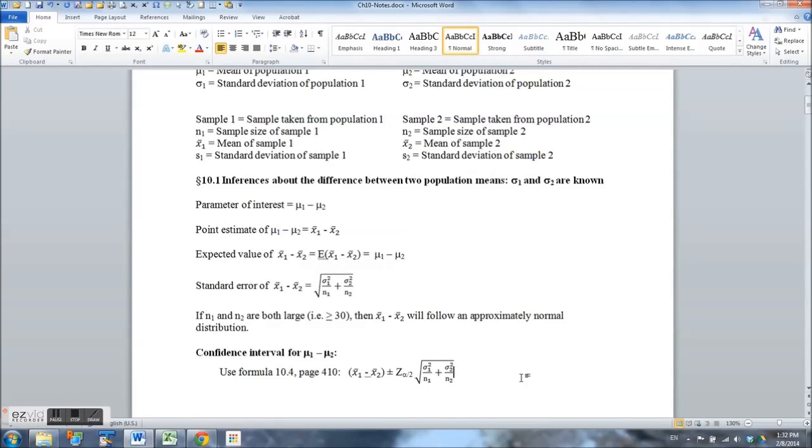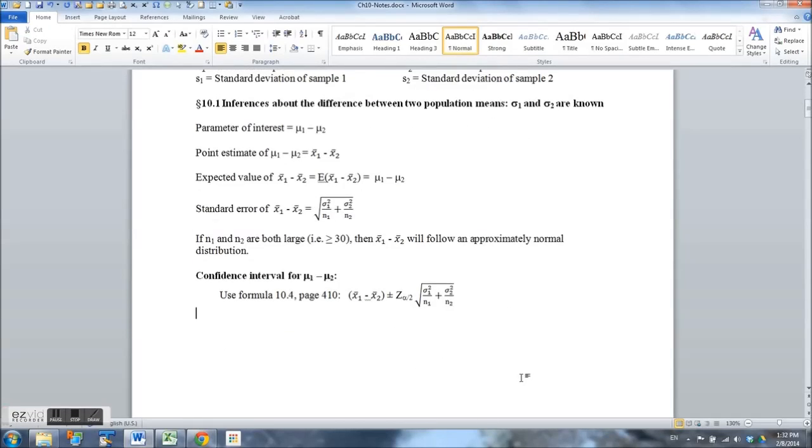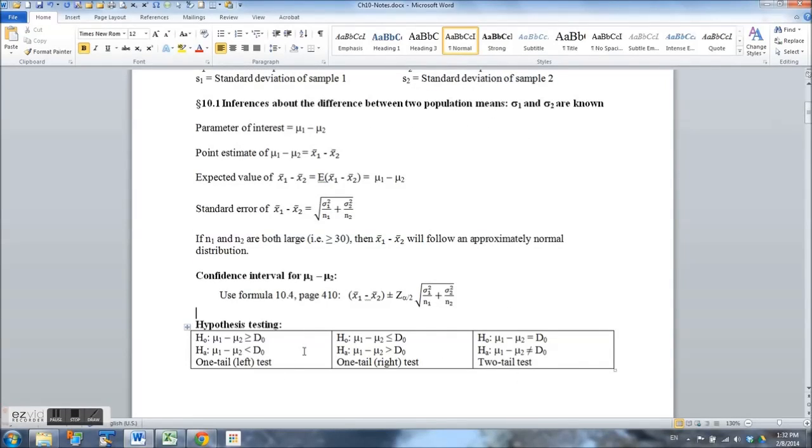Now similarly, we can do hypothesis testing, and again we have three possible types of hypothesis tests for mu sub 1 minus mu sub 2. So here are the two one-tail tests and this is the two-tail test. So it can be set up in one of these three types only.